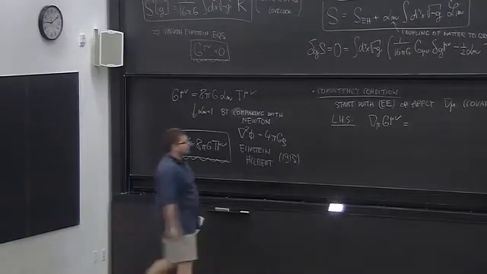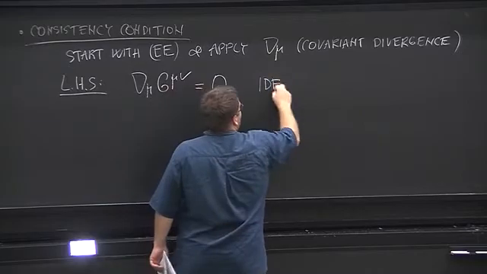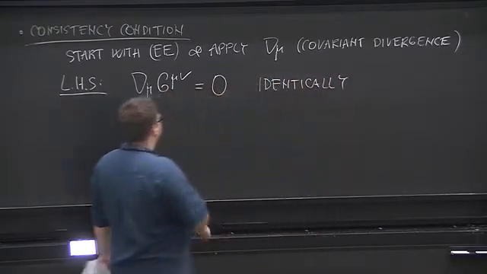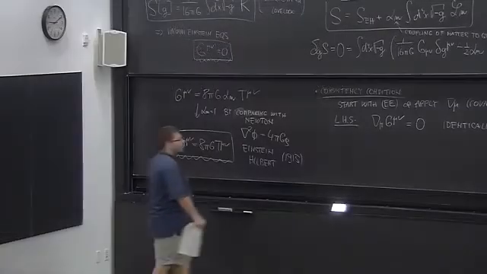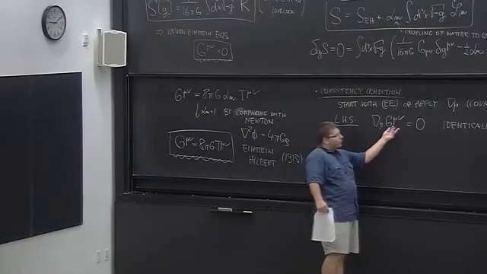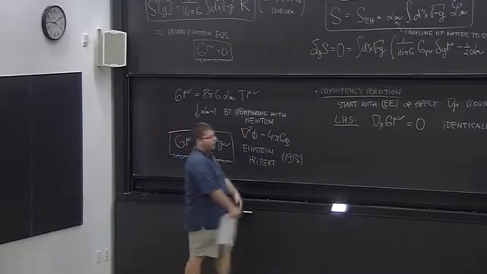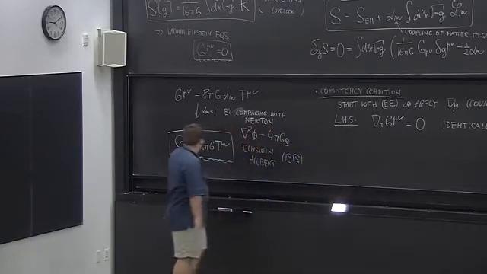That's equal to 0 because that's the Bianchi identity. So this is 0 identically. It's simply an identity. For any metric, whatever I can imagine, I plug it in, find the corresponding Einstein tensor, and then I calculate the divergence, and it will always be 0. So for any metric, this is an identity.